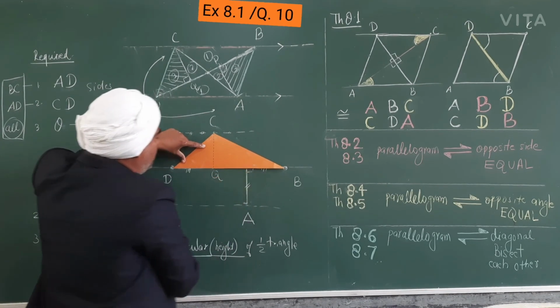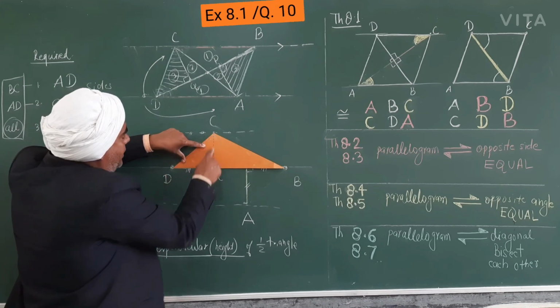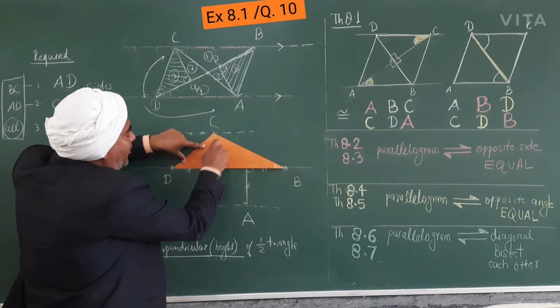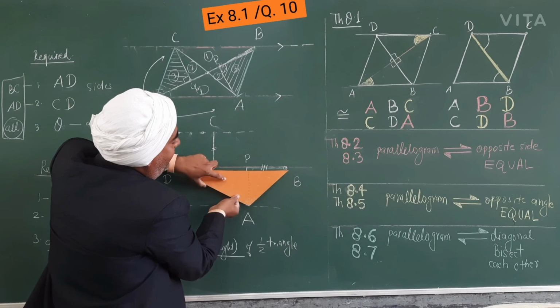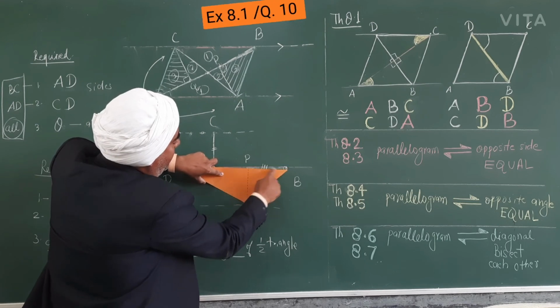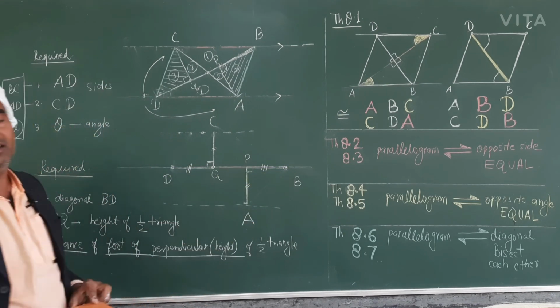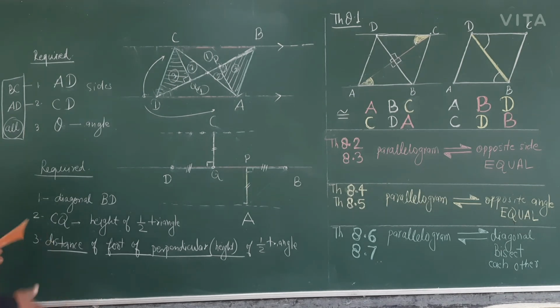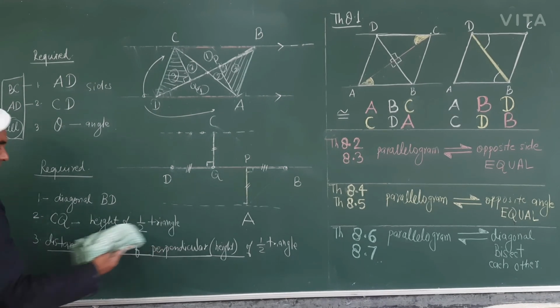So you have to prove what? This CQD, this one equal to the same figure here. Okay, so note it down again. Now I will solve the question. So this is very interesting, and it is somewhat difficult to write and difficult to understand.